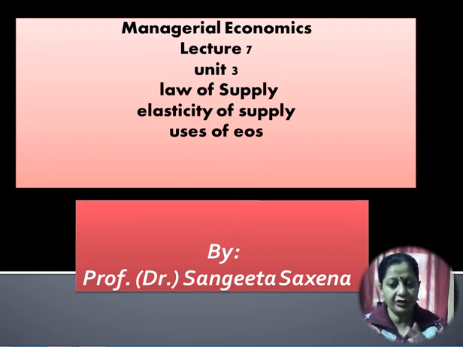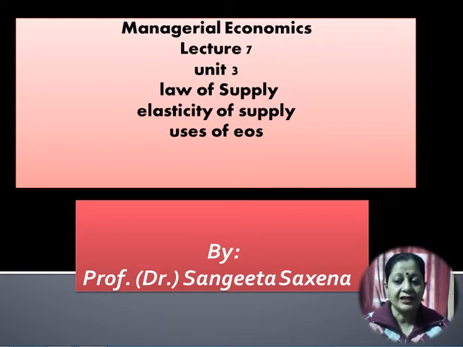So in the law of supply, there is a direct relationship between the price of the commodity and the goods supplied. But in law of demand, there is an inverse relationship between the price and quantity demanded. That means with an increase in price there is a decrease in demand. So this is the concept which we are going to follow in this lecture.